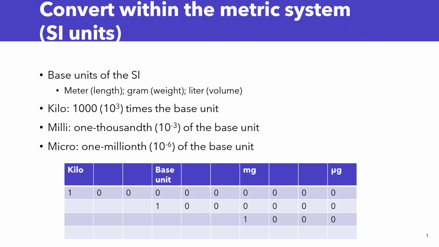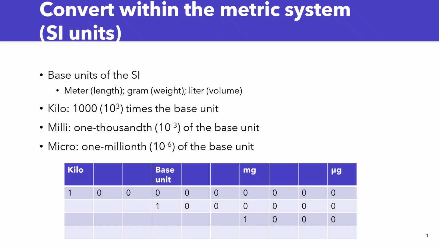Okay, let's get started. So we'll talk about the metric system. So we're talking about the SI, the International System of Units. Now, the important thing you need to remember are the base units. So what are the base units? Meter is the base unit for length. Gram is the base unit for weight. Liter is the base unit for volume.